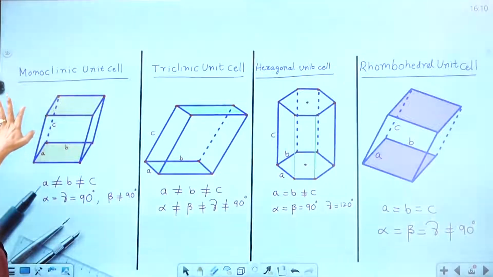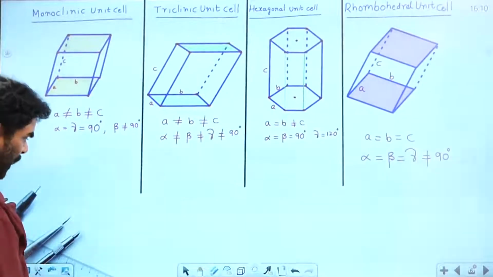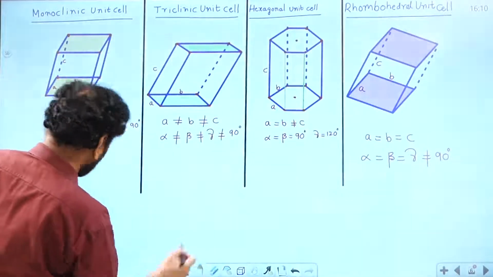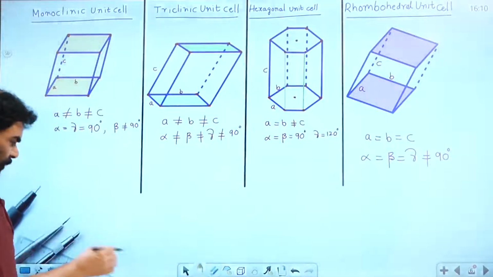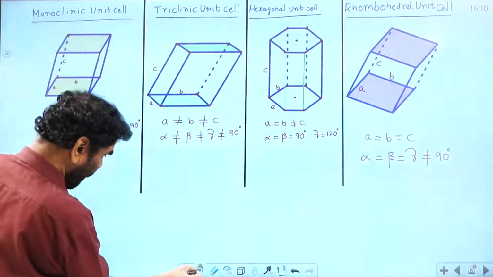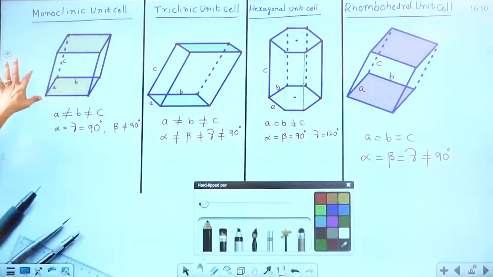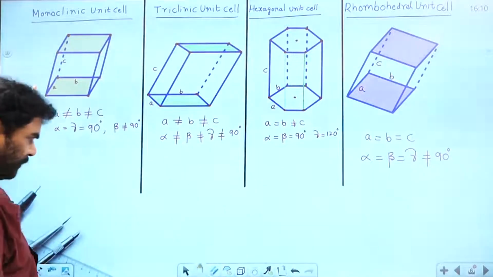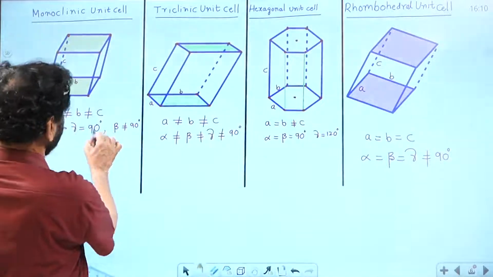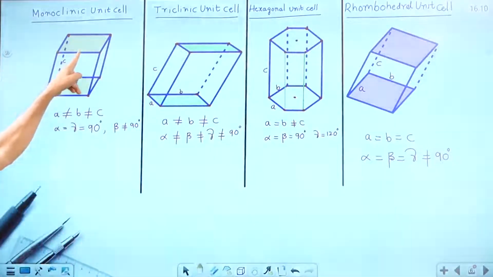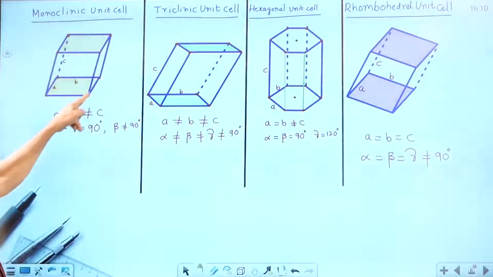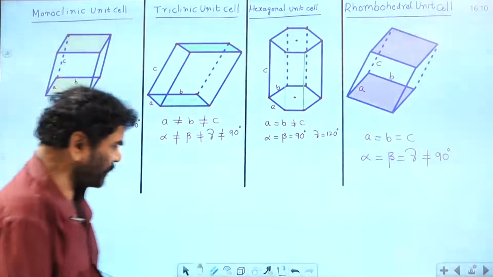In the monoclinic unit cell, 2 are possible. What 2 are possible? Always the simple one, that is the primitive one.